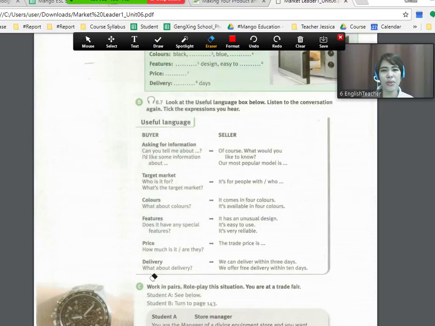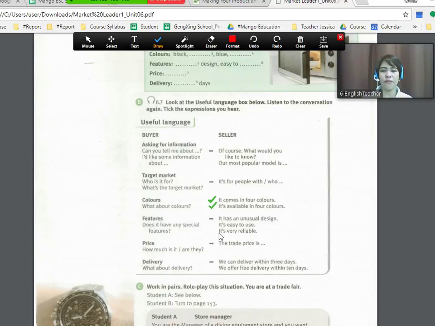Okay, or you can say it is available in 4 colors. So whichever answer the seller uses, both of these are correct. So it means that you can use or you can answer both of these expressions.